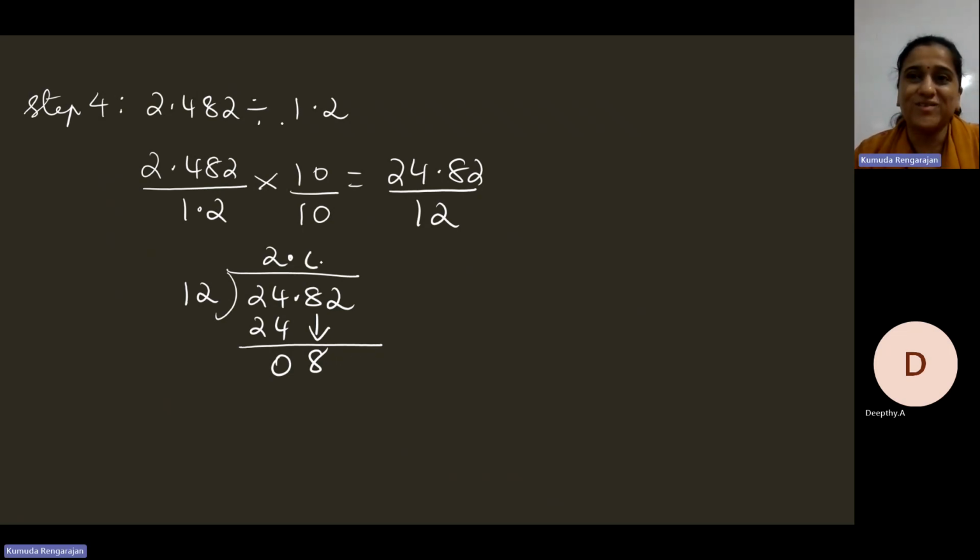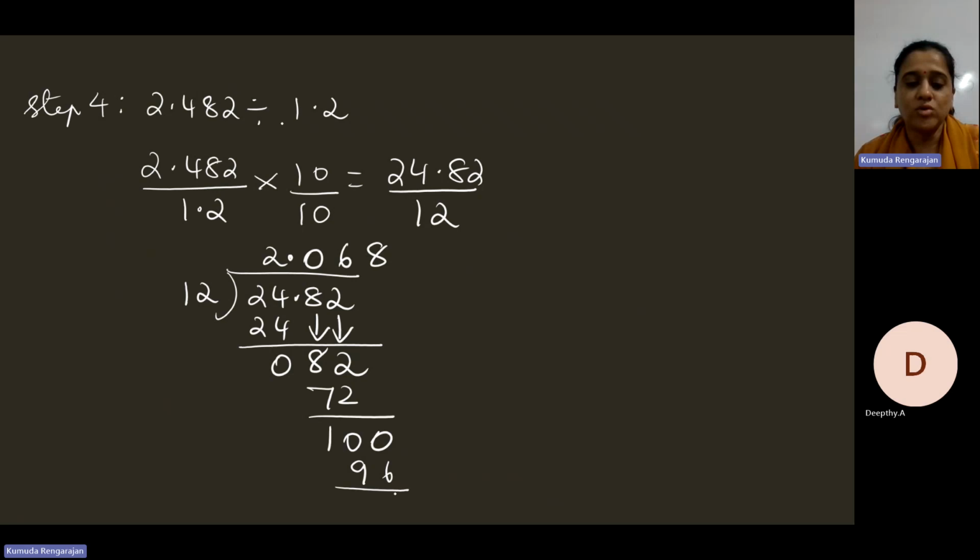You should add a 0 and then bring the next digit down. So how many times? 12 6s are 72. Remainder 10. Every step you can add a 0. 12 8s are 96. 4 is the remainder. You can stop there. Correct.